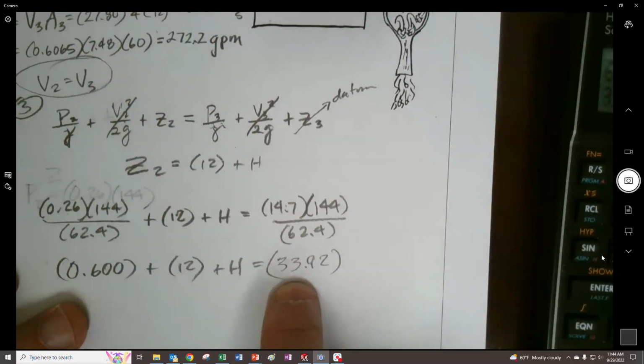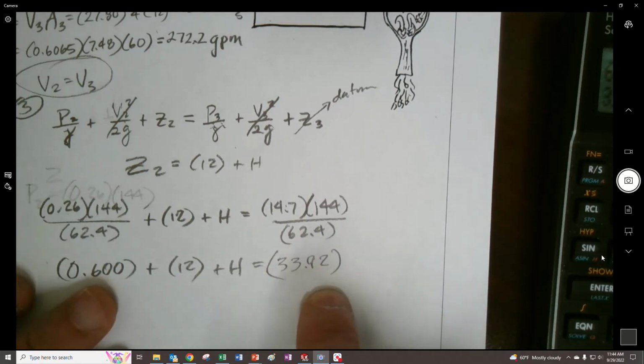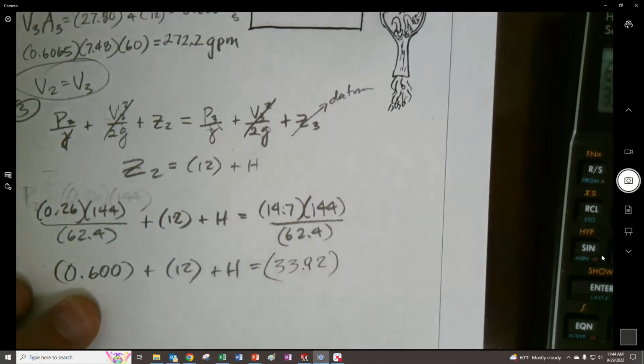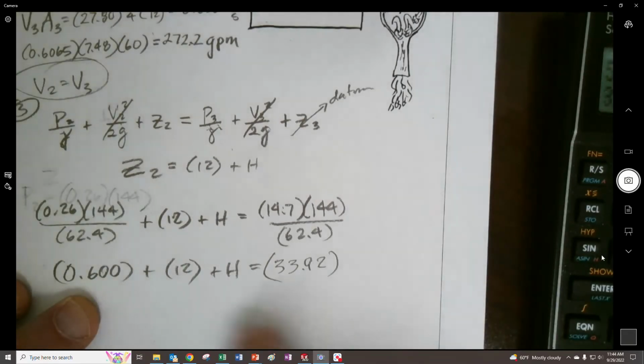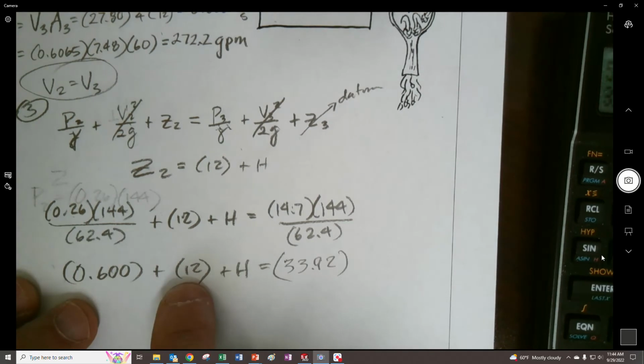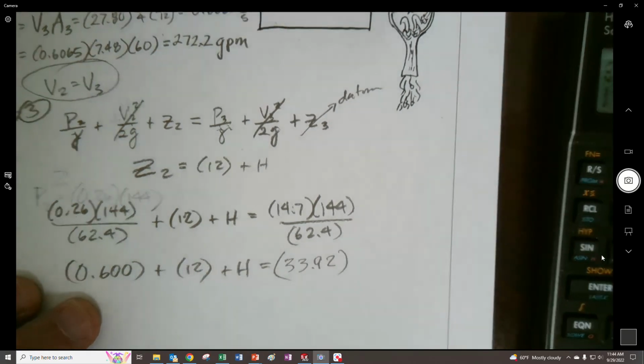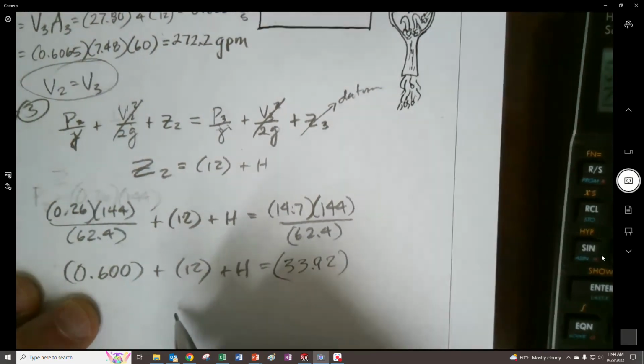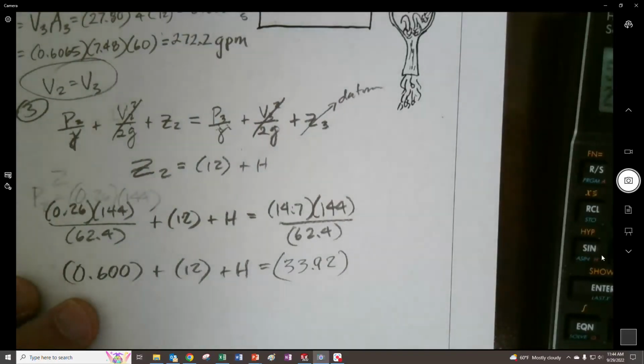So this is like the maximum that you can get from absolute zero, right? So we're going to come over here and just subtract that out. That's not a lot compared to this, right? And then we're going to subtract out 12. And so what we're left with, oh, I don't think I did that right. So 33.92.